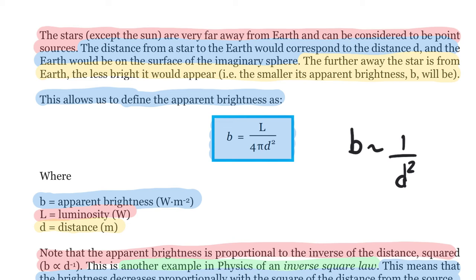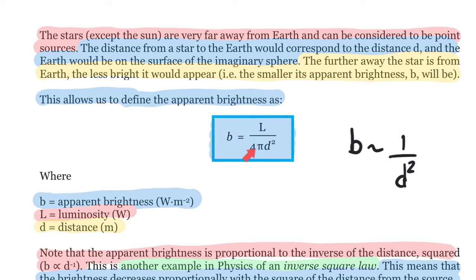And the reason for that is exactly the same reason as what we have used here: when we're dealing with electric fields and gravitational fields, the equipotentials are a sphere at a distance r or distance d from the source.